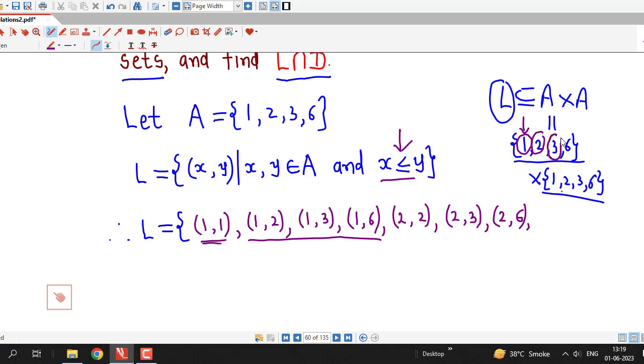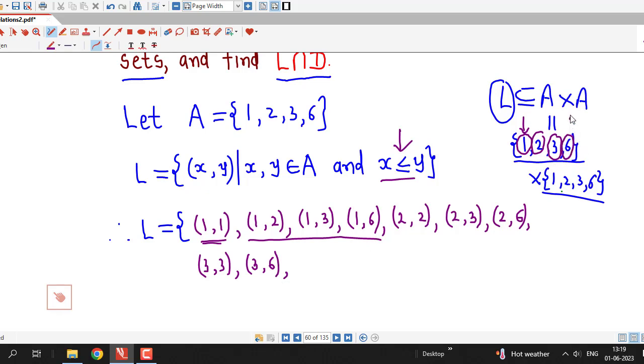Then we consider 3 as the first component. So (3, 1) is not a member of L because 3 is not less than or equal to 1. Similarly (3, 2) is also not a member of L, and (3, 3) is a member of L because both components are equal, and (3, 6) is also a member of L because 3 is less than 6.